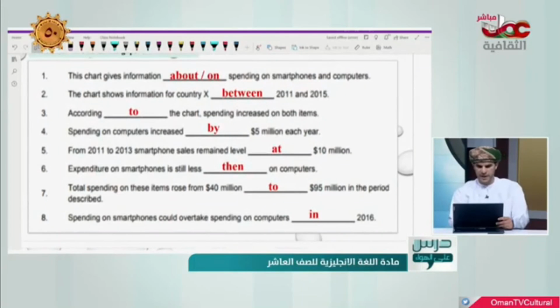The chart gives information about or on, both are correct, spending. The chart shows information for a country between 2011 and 15. According to the chart, after according we use to, spending on computers increased by $5 million each year.